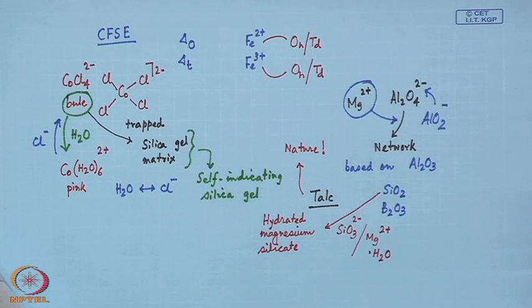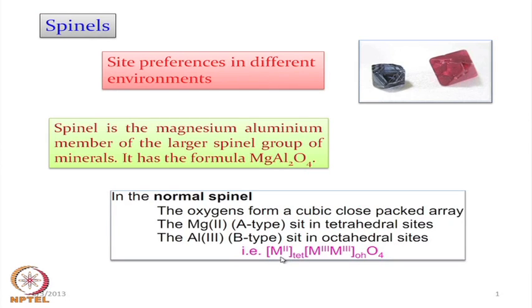These two basically compensate the total positive charge, which is 8 units, and we can write the formula where one M is of one type and the second M is of a different type. So, we have 3 M ions together with this O4. In normal spinel, the oxygens form a cubic close packed array.